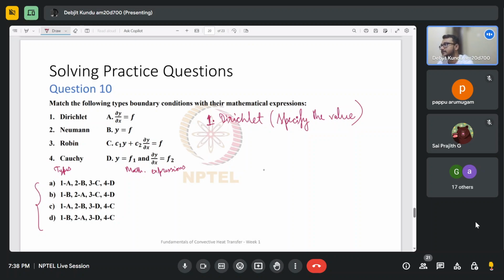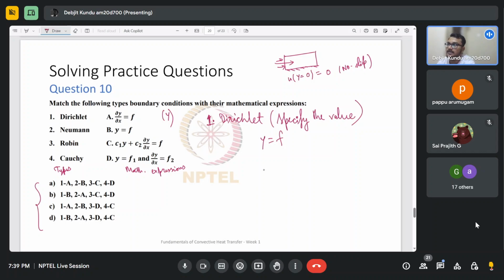So in our case, it is y that we are solving for. So y equal to f is the way in which Dirichlet condition is specified. So in a fluid flow case, I'll give you an example. Let's say I have flow through a pipe like this, and at the boundary, that is at y equal to 0, I'll tell that the velocity there should also be equal to 0 due to no slip boundary condition.